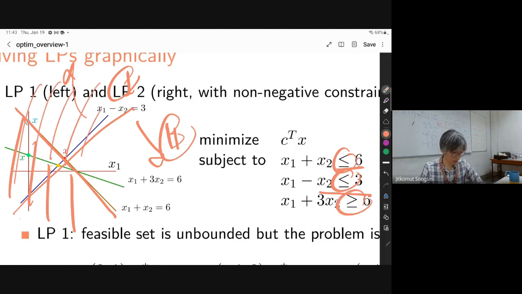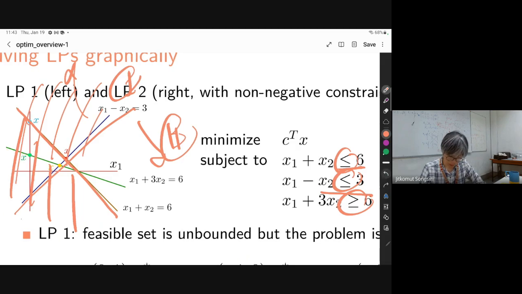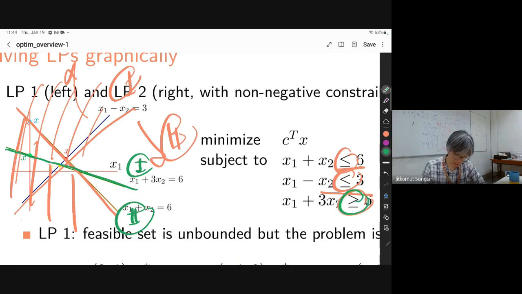The third one is X1 plus 3X2 greater than 6. The green curve. Region 1 or region 2? Greater than 6.